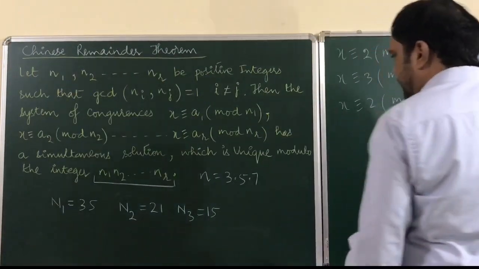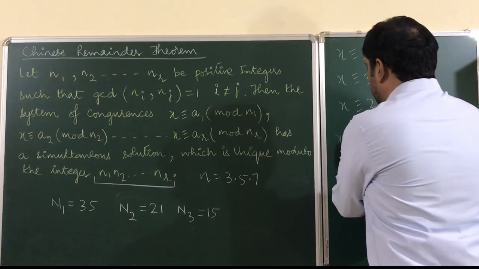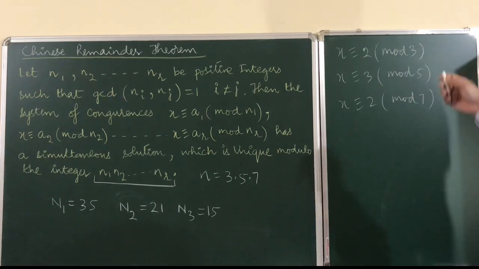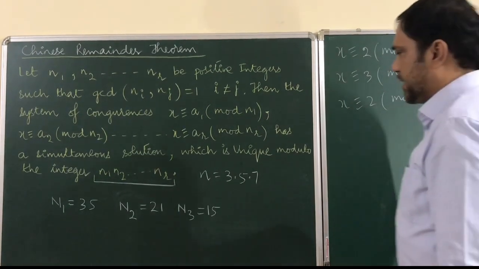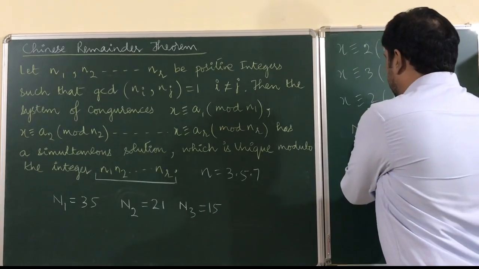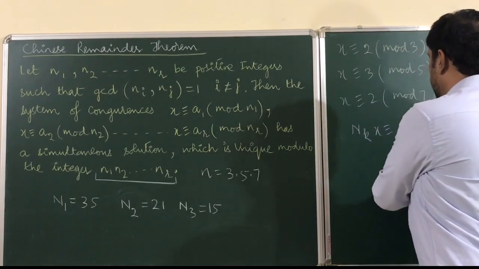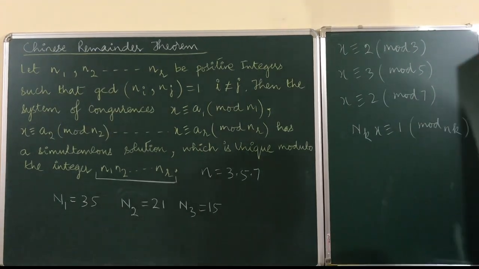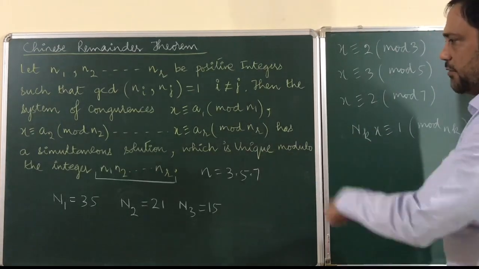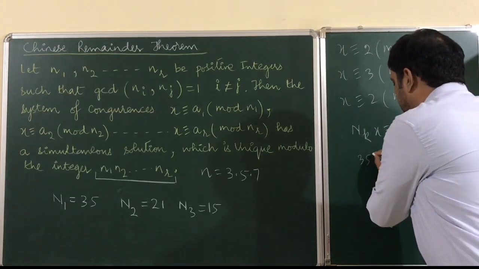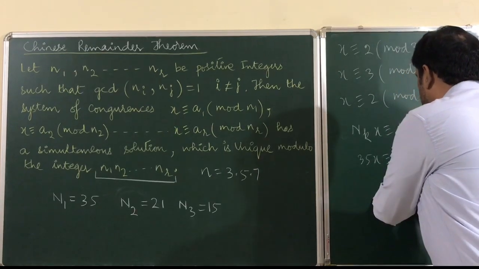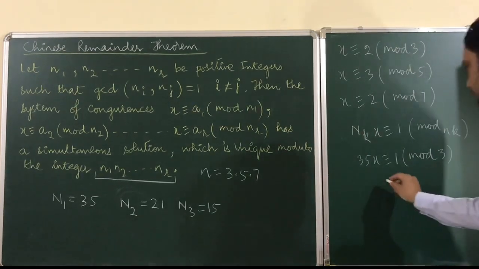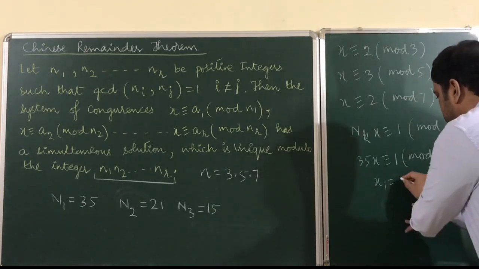So to get the x, first I'll find x1, x2 and x3. You can see the equation which I spoke of, Nk x congruent 1 mod nk. For the first equation, N1 is 35, so we can write 35x congruent 1 mod 3. So you can see the x1 value will become 2.